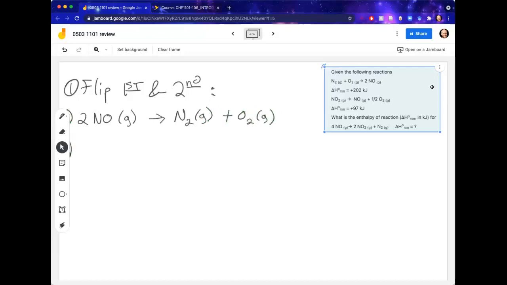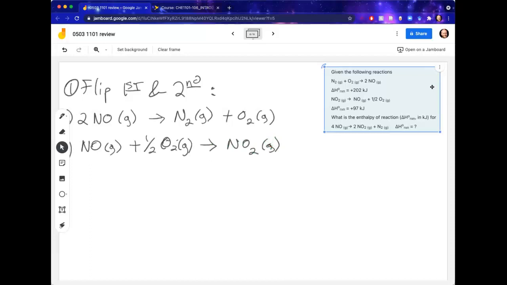And the second reaction, we're going to have NO gas plus 1/2 oxygen goes to NO2 as a gas.